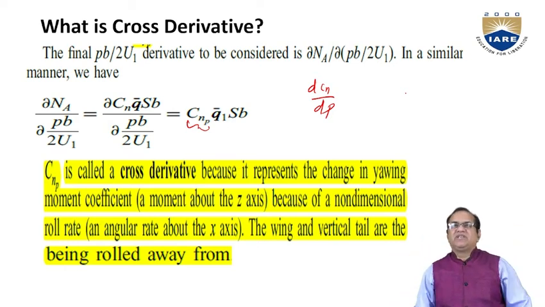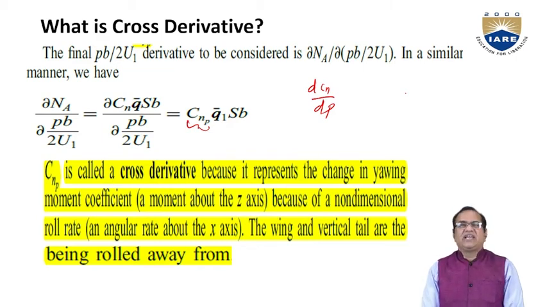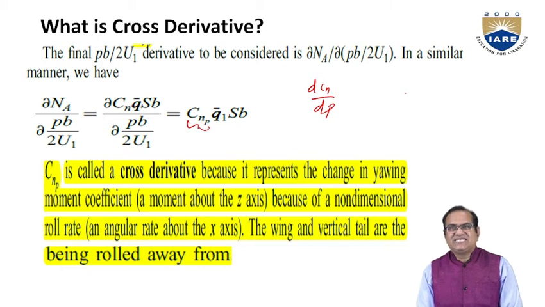So that is the meaning of the cross derivative. Once we talk about the cross derivative, it indicates that the yawing moment coefficient Cn and the roll rate P are both coupled to each other, and if you make changes in Cn, the roll rate P will also change. That we have to ensure.